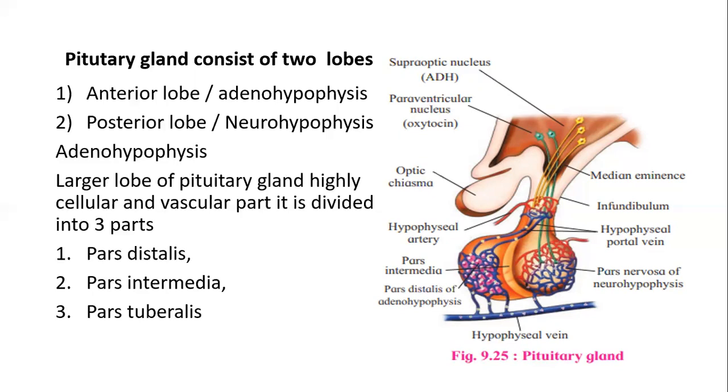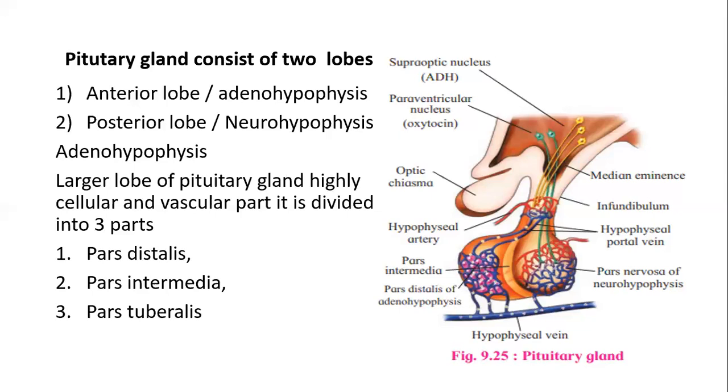So let us see first the adenohypophysis. It is the larger lobe of pituitary gland. It is highly cellular and vascular part of the pituitary gland.